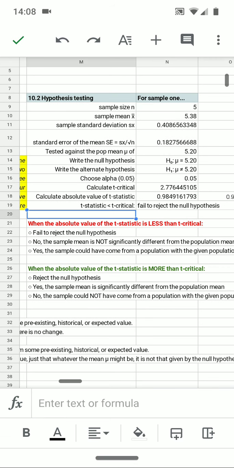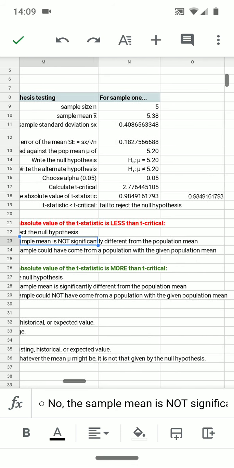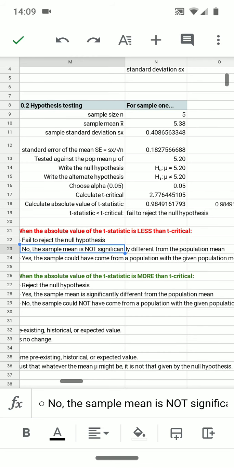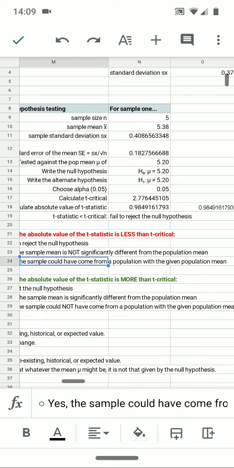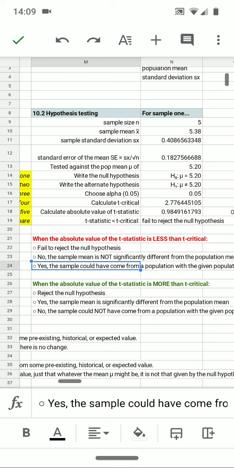When the absolute value of the t-statistic is less than t-critical, we fail to reject the null hypothesis. No, the sample mean is not significantly different from the population mean. Yes, the sample could have come from a population with a given population mean. And we happen to know in this special case that that's indeed the correct answer.